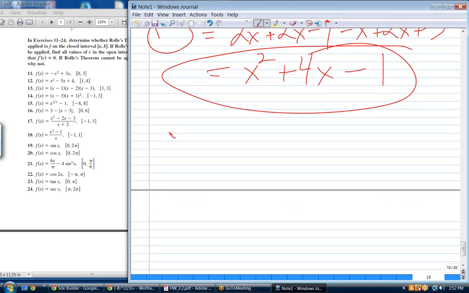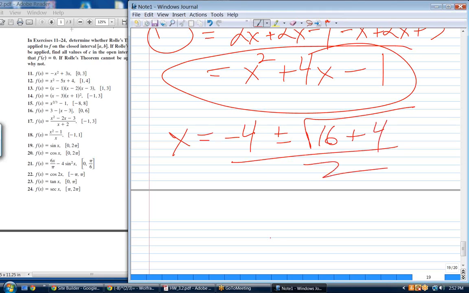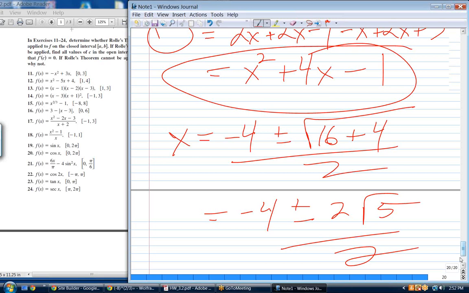I don't know. X is equal to minus 4 plus or minus the square root of 16 plus 4, all over 2. So that's equal to minus 4 plus or minus 2 root 5, all over 2.